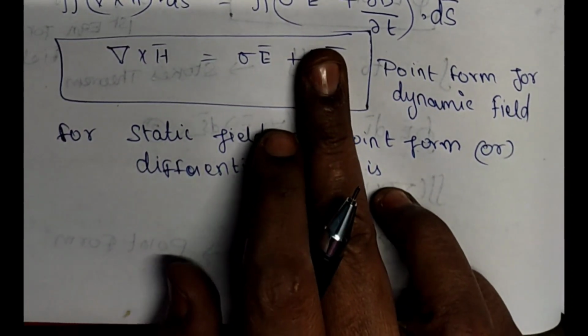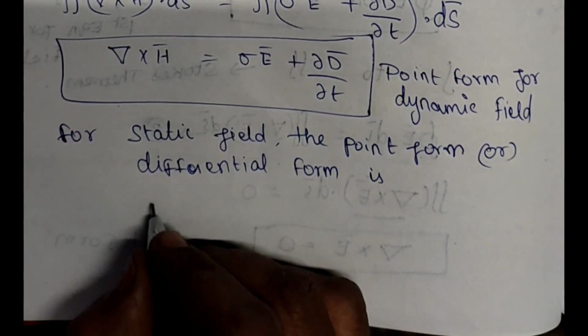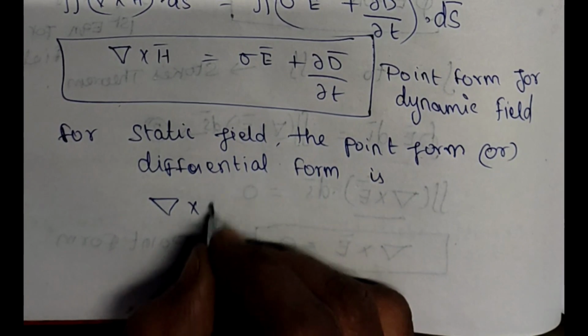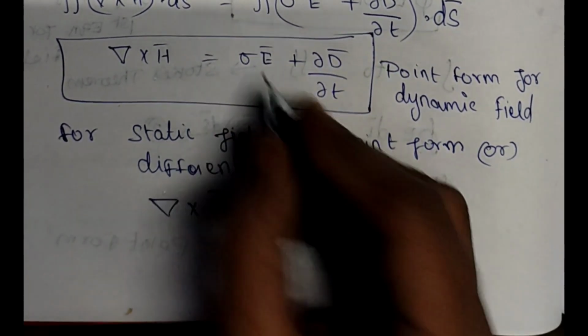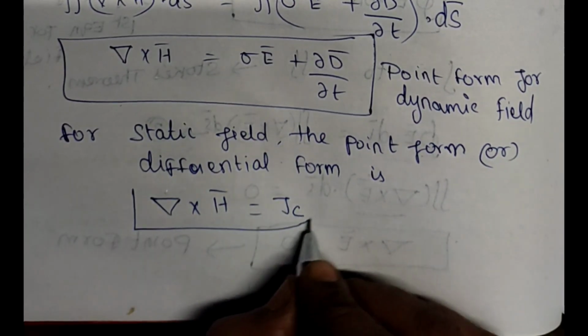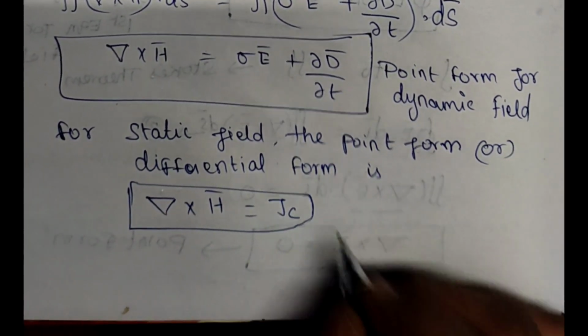So don't consider this element, the remaining is the same. So del cross H vector is equal to Jc, and Jc is nothing but sigma E. That's all. Thank you.